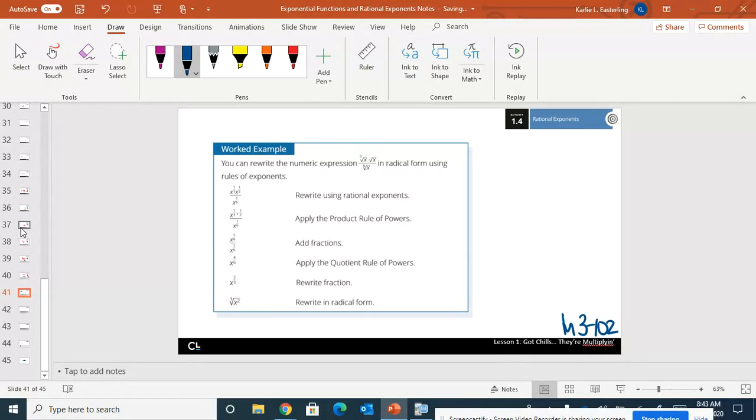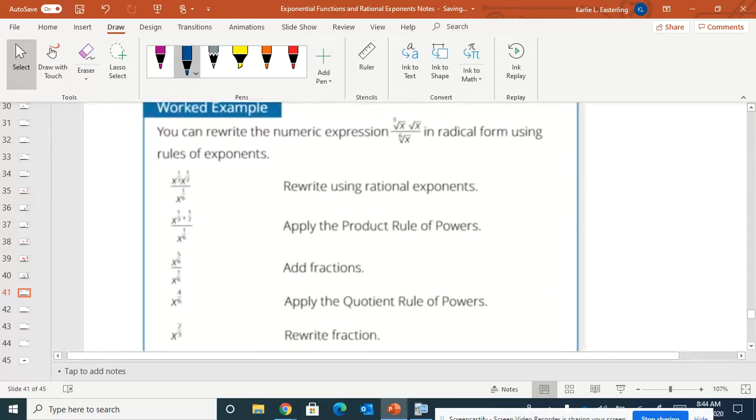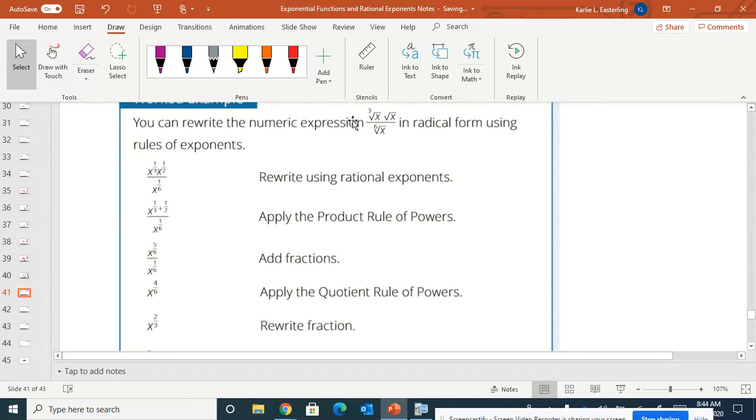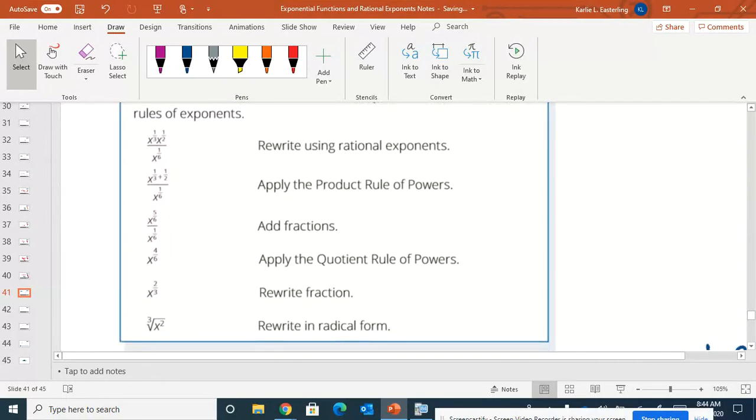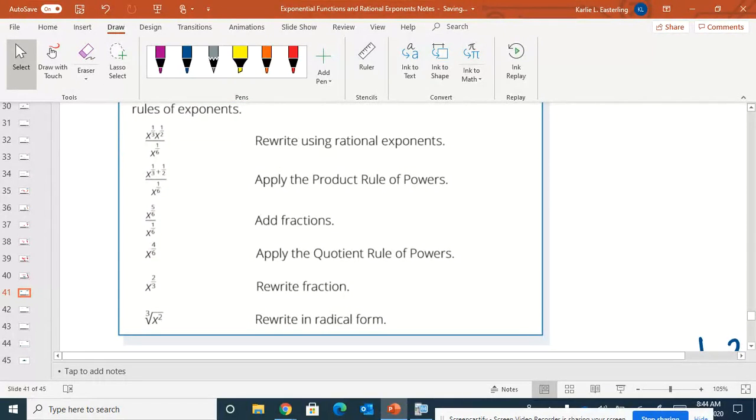And what we are looking at here is a way to simplify crazy expressions. So you're looking at the cube root times the square root of x divided by the sixth root of x. So what they did here was they put those square roots, cube roots, and sixth roots all in fractional exponents. They then used their exponent rules to add on the top.